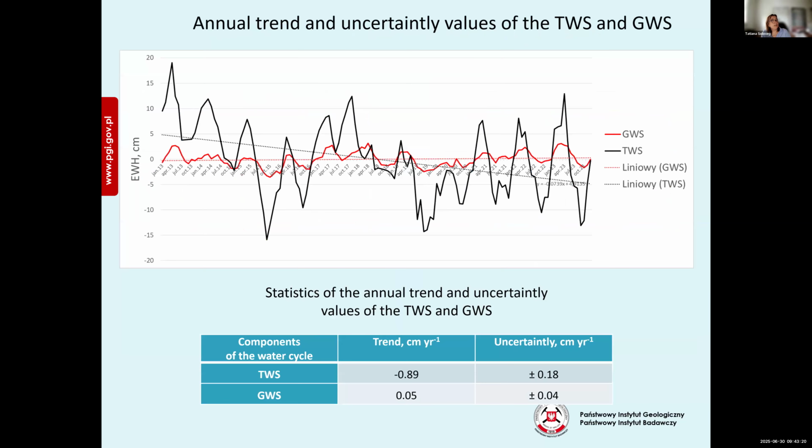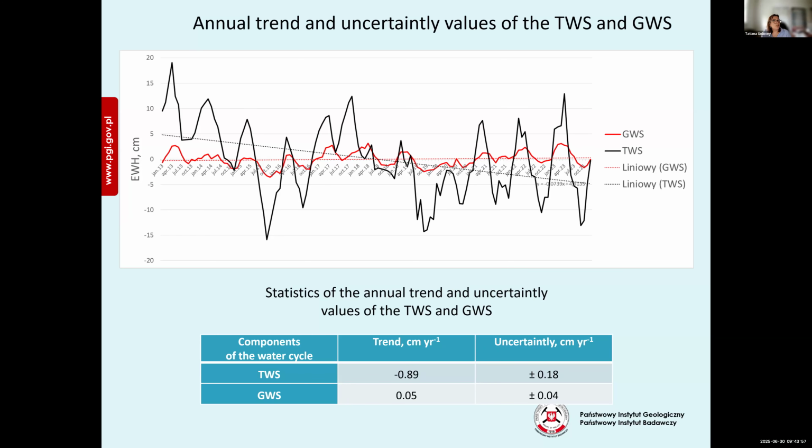To explain the temporal variability differences between total water storage and groundwater storage, an analysis was conducted based on time series decomposition. It was found that for both series, the long-term trend and seasonality were the dominant components of temporal variability, but they exhibited distinct characteristics.